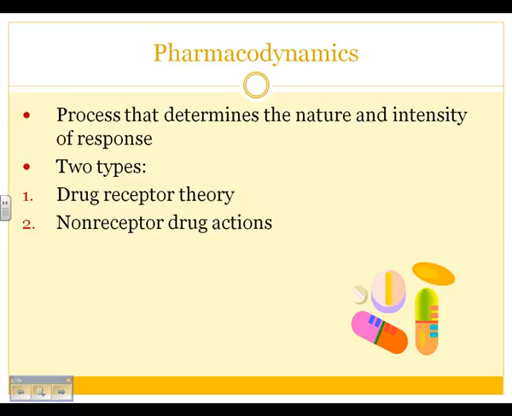There's two different types of theories here. There's a drug receptor theory and there's a non-receptor theory. By far, the majority of your drugs will fall into this drug receptor theory. There's very few that I can think of that fall into a non-receptor. And I'm going to give you an example of the difference once we talk about them. Okay?